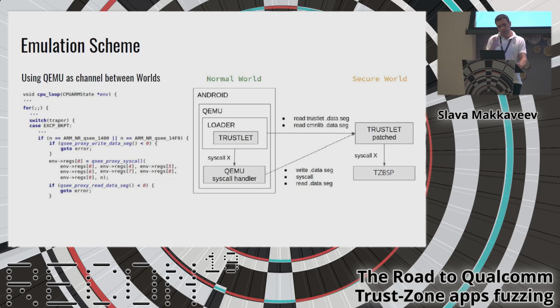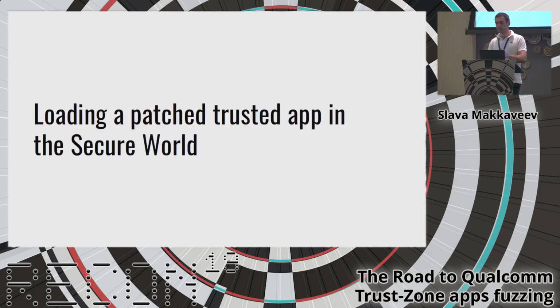Then the trustlet loader executes the original code of the trustlet extended by the dumped data, and the QEMU emulator will redirect execution of all syscalls to the paged trustlet on its behalf. This scheme will work. All that is left to do is to find a way to load the paged trustlet in the secure world. To achieve this, we need to find a way to bypass the Qualcomm chain of trust.